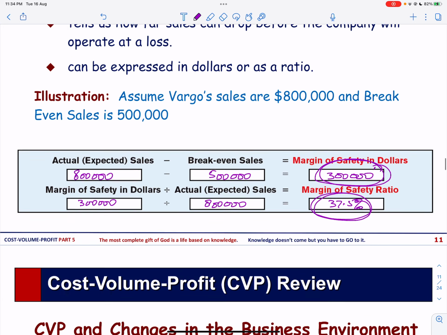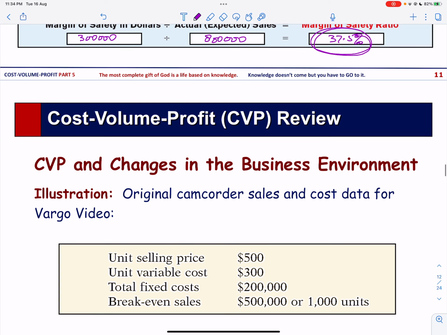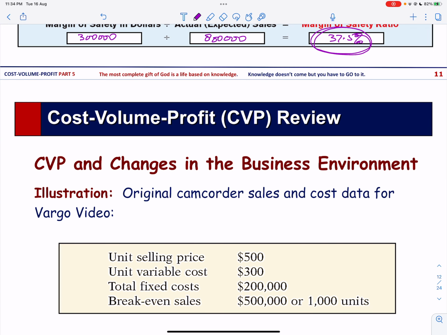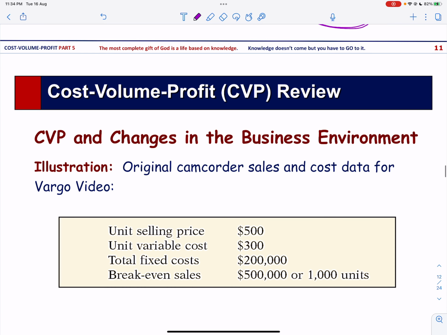So let us look into these three different situations that may affect a company. Now we will be using the same information: there is a unit selling price, we have the unit variable cost, we have the fixed cost, and the break even in units is 1000 units and in dollars it is 500,000.